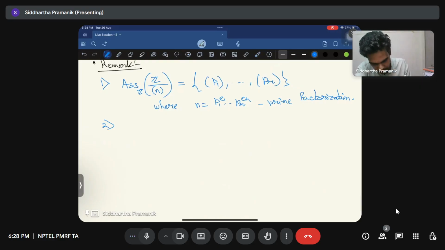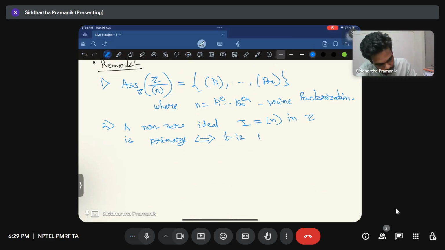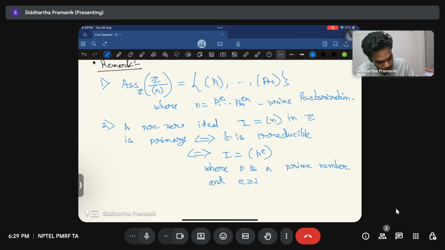The second remark is, if we take a non-zero ideal, let's say I, which is generated by N in Z, then it is primary if and only if it is irreducible, if and only if I has the form P power E, where P is a prime number and E greater than or equal to 1 is an integer.